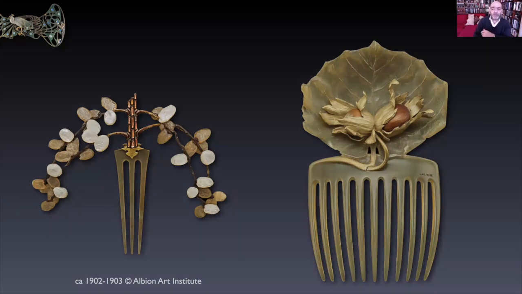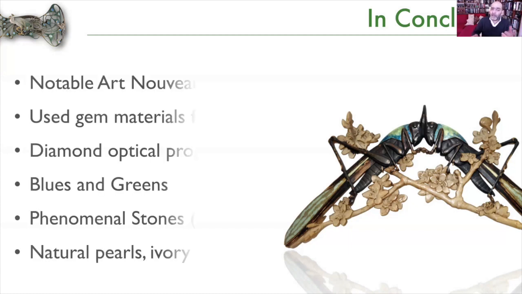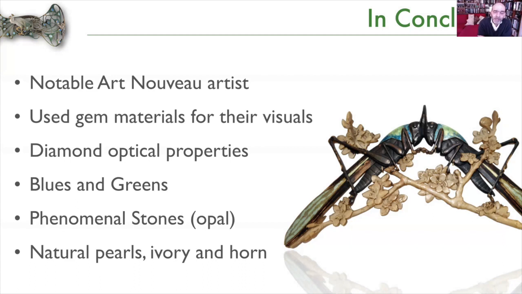So in conclusion, and we are at the end, and we took a bit more time than I expected. Very quickly, he was a notable Art Nouveau artist. And he chose his gems not by their value, but by their visual characteristics. The diamonds in particular, we don't see huge diamonds on his signed creations.